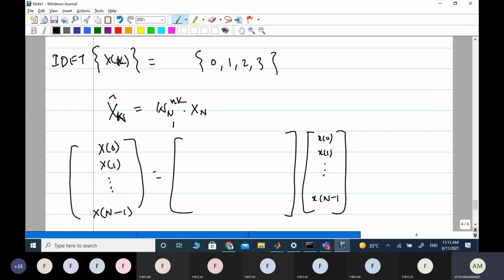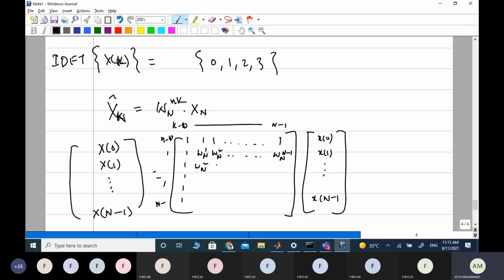Now if you see, if you progress k from 0 to N minus 1 in this direction, and n from 0 to N minus 1 in this direction, each time we have W_N power 0 in the first column, so we get 1 1 1 1 1 1 1, right? And then also in this row, because one variable is always 0, we get the same, and here we get W_N power 1, W_N power 2 up to W_N power N minus 1, right?